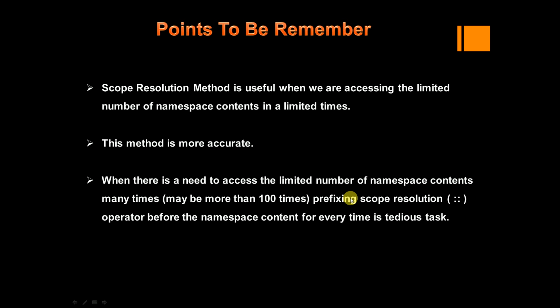Here there is one limitation. When there is a need to access a limited number of namespace contents many times, for example if you want to print the value of data of a namespace 100 times, you have to type cout one scope data, cout one scope data, cout one scope data, wherever you are using it, 100 times.